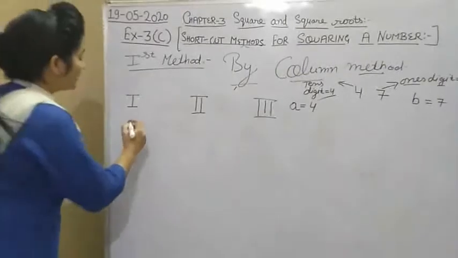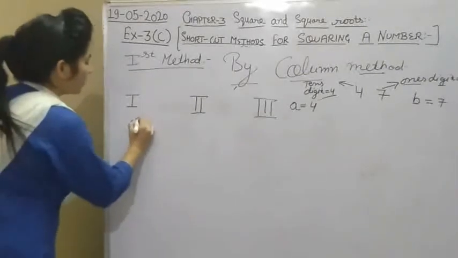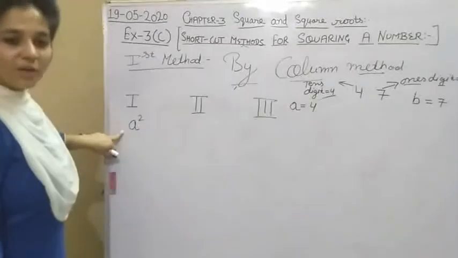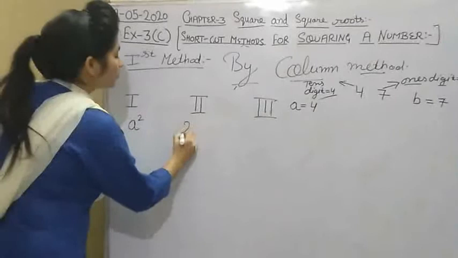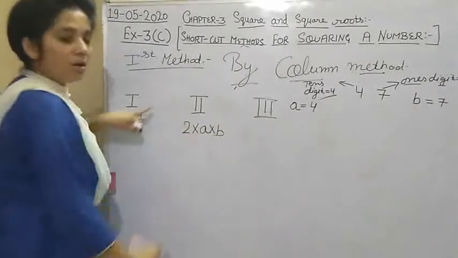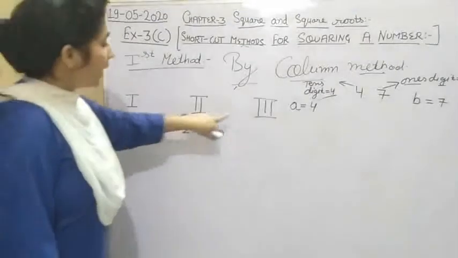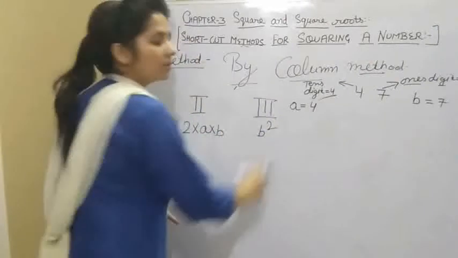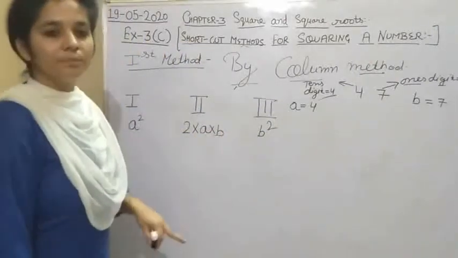And write a square in the first column, 2 multiply a multiply b in the second column and b square in the third column.